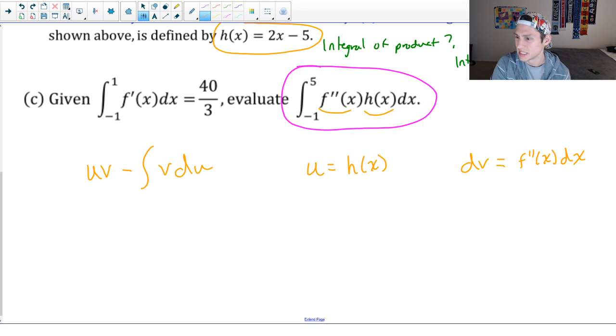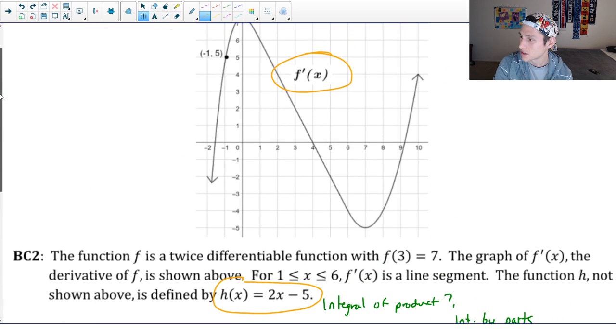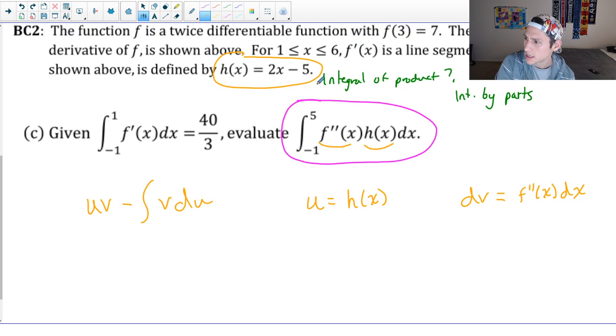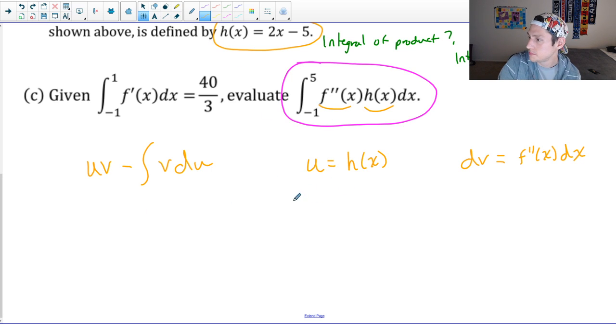I can determine some properties of it based on this graph, but not a lot. And then if I had to take the integral of h, we can do the integral of h here, but it still doesn't work out with both. So this should be our better choice to make.